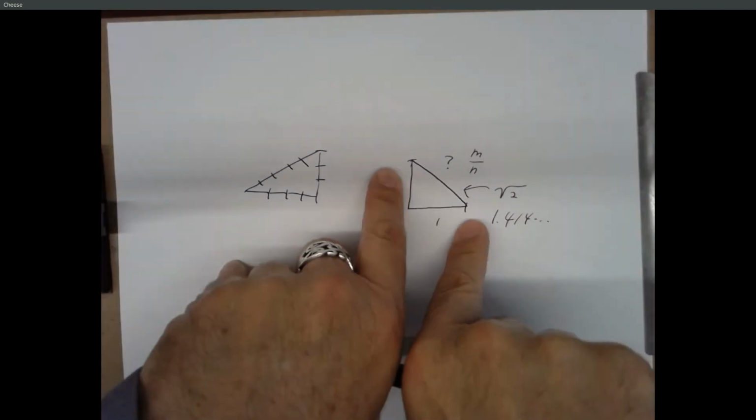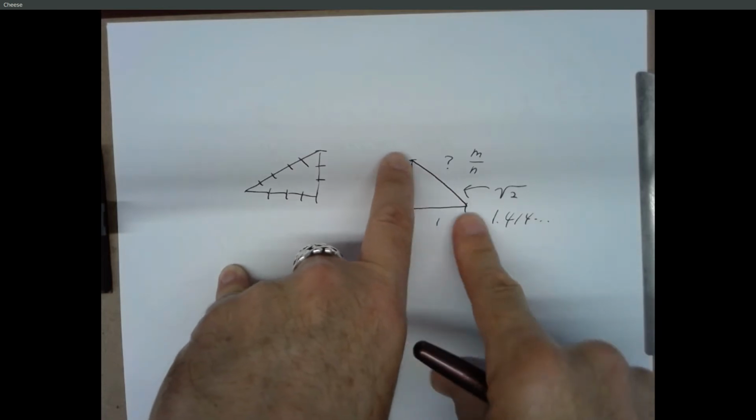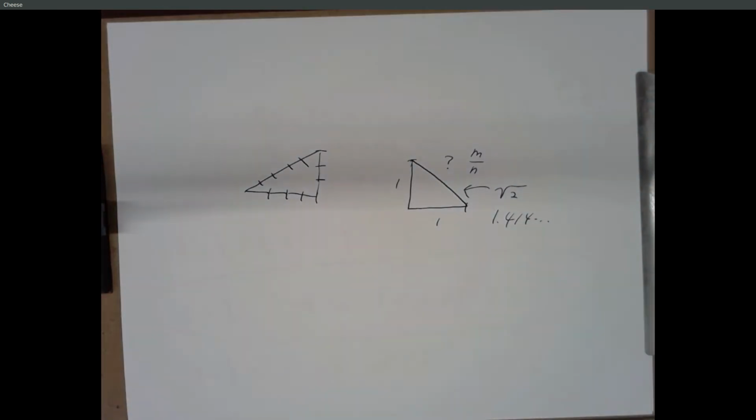Because this is a really simple object, just a triangle, one on each side, and this length can't be represented by a fraction of integers. There's something more out there than just whole numbers. And that really killed the whole idea. So what did they do? Well, they didn't tell anybody about this. It was a big secret. And there was a member of the organization who actually told some people outside about this.